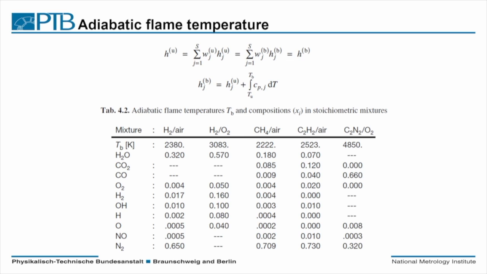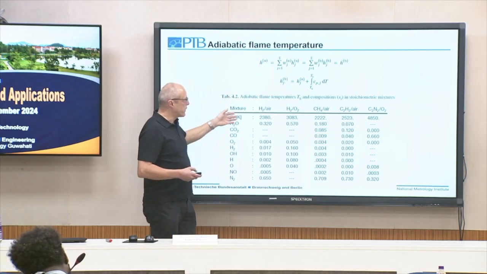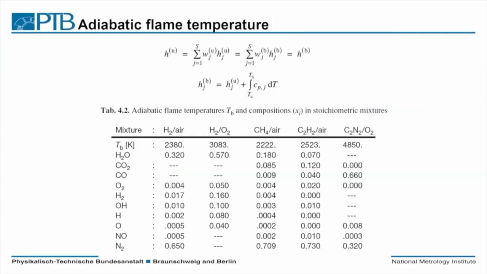Then of course it depends how complex you do this, so how many species you involve here. What you see here in the table are different flames. So H2 with air, we yield an adiabatic flame temperature of 2380 Kelvin.